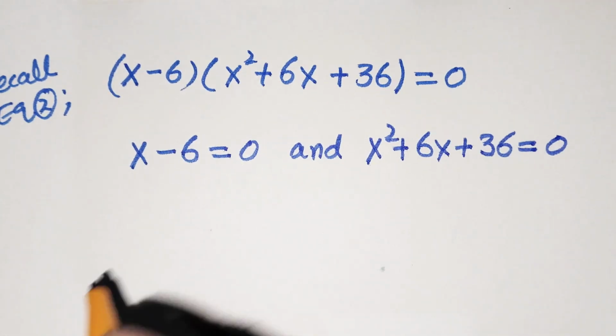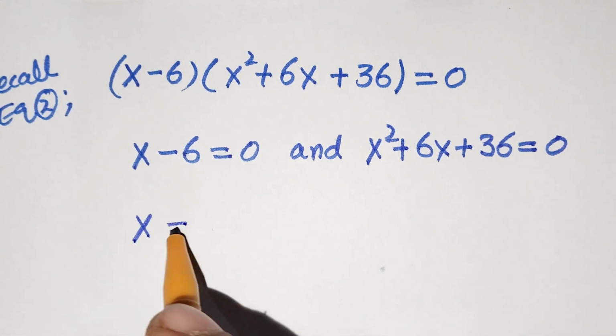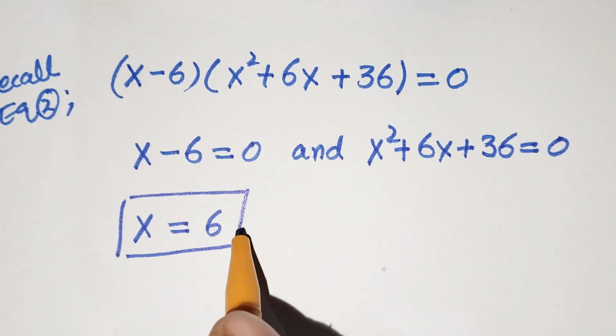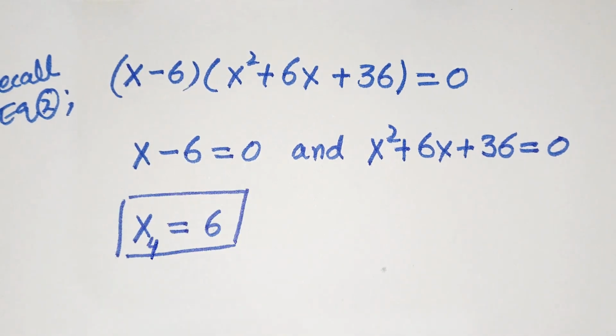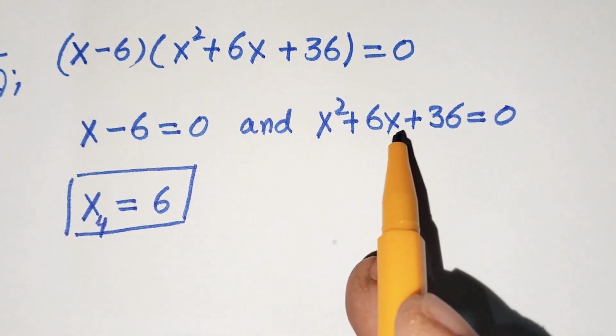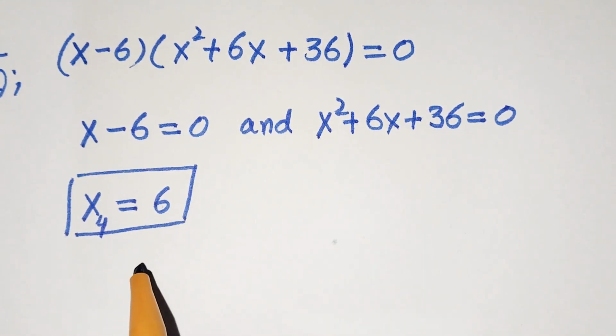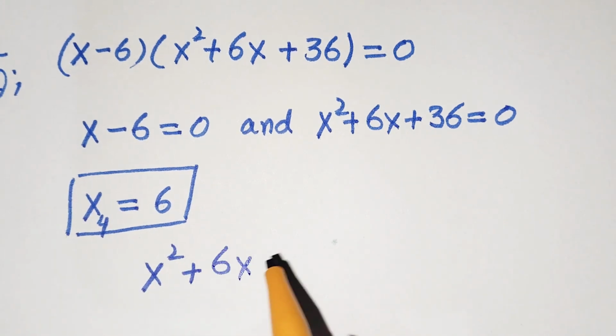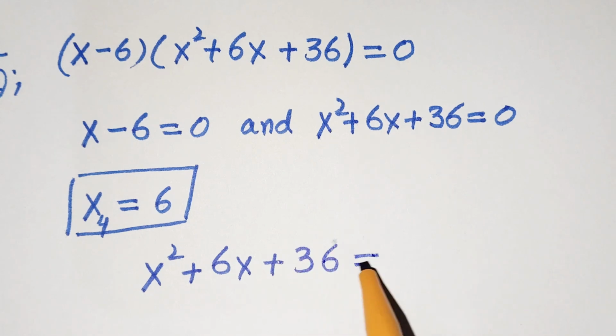So now x is equal to 6. It is a real solution of x, which is the value of x4. Now we are going to solve this one, x square plus 6x plus 36, which is equal to 0.